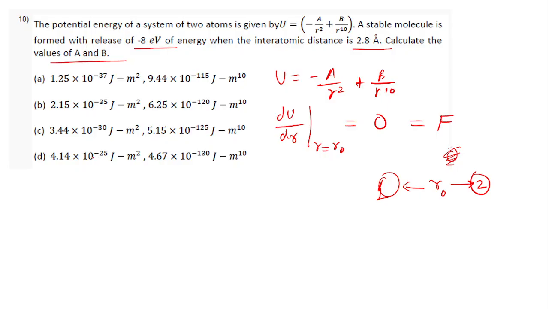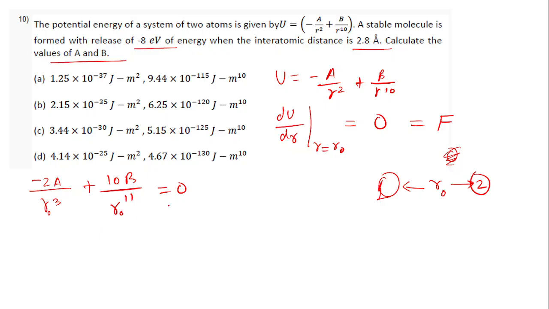This makes the expression equal to 0. When we take the derivative, the expression becomes minus 2a divided by r cubed plus 10b divided by r to the power 11. When we equate it to 0 and put r equal to r0, at equilibrium distance the force is equal to 0.